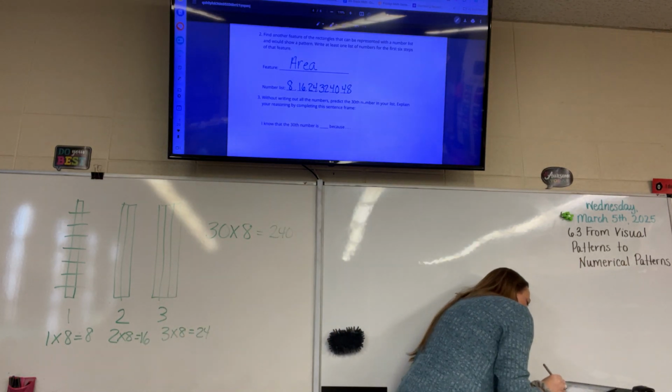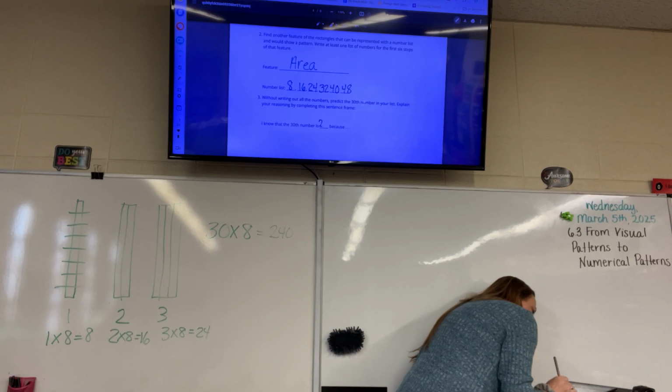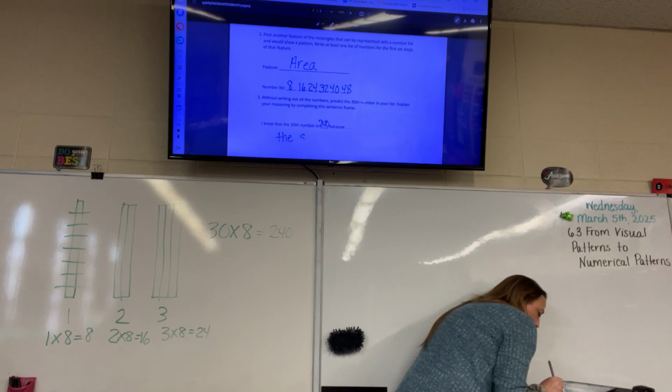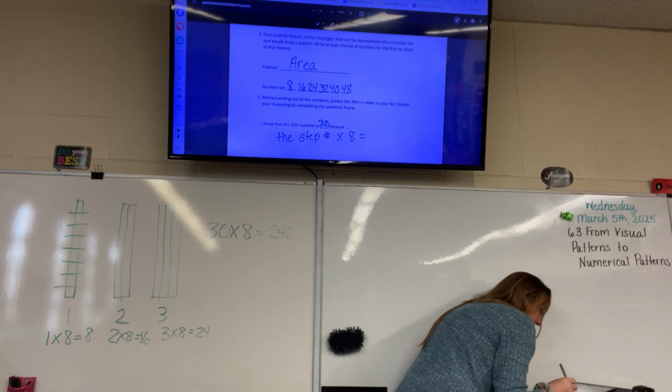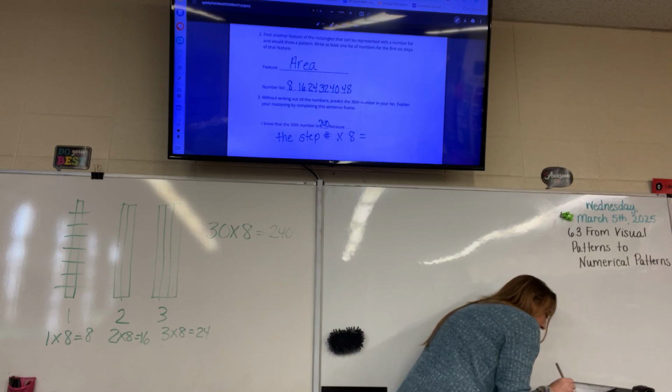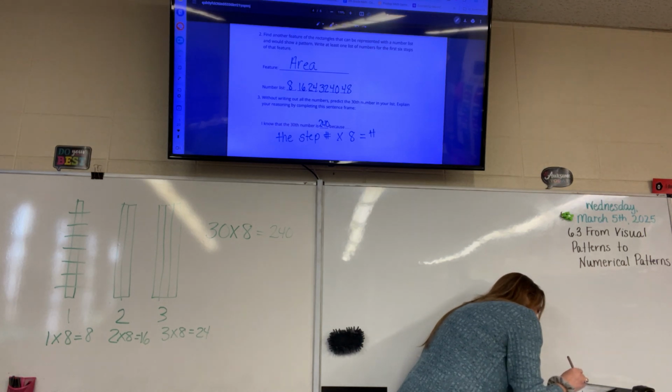I know the 30th number is 240 because the step number times 8 equals the area.